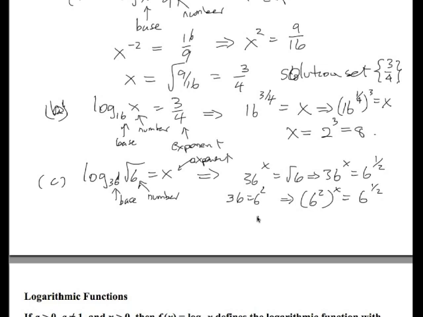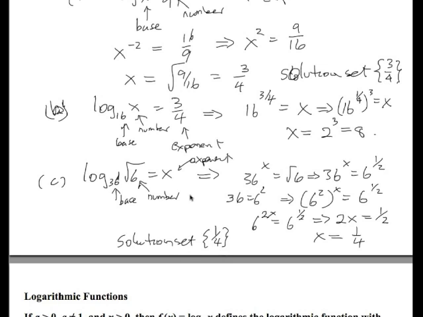Notice using the exponent rules I have 6 to the 2x is equal to 6 to the half, which implies that 2x equals a half, which implies x is equal to a quarter. So our solution set here is a quarter. Okay. All right, and so that's how we do those kinds of exponential equations, and later on we'll show you how to do the rule 2.